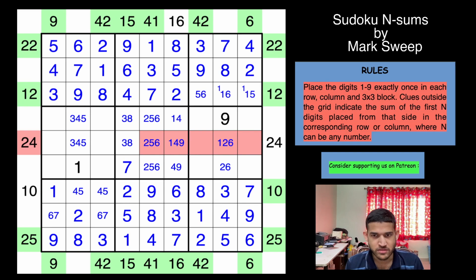Because if this 24 is 4 cells long, can it get to 24 at all? 3 and 5 add up to 8, and you need 16 more, right? So 9 and 7, possible. It is possible. So what am I missing here?